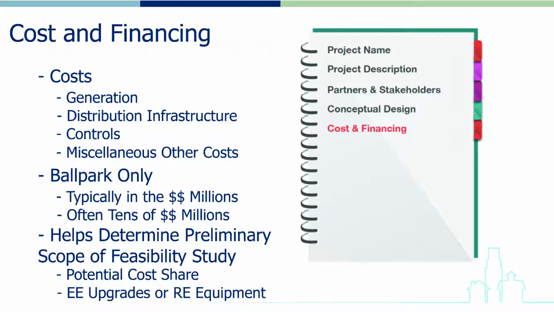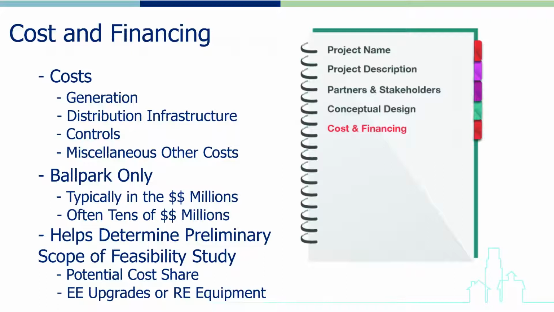These cost estimates, even if they are very rough, will help determine the preliminary scope of the technical feasibility study. In addition, any potential for cost sharing between the municipality and any of the other partners in the project, for example the local utility, should also be mentioned here, as such potential cost share will impact the cost-benefit analyses conducted as part of the technical feasibility study.